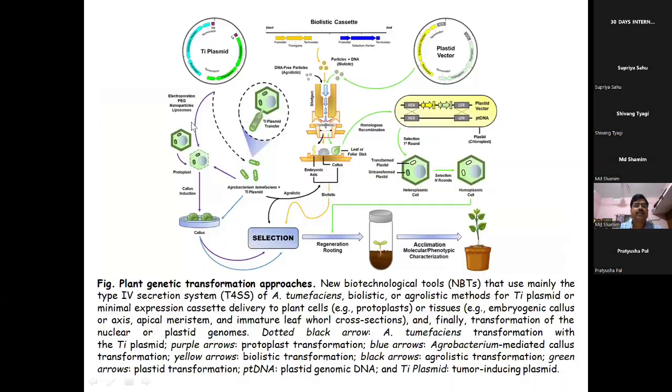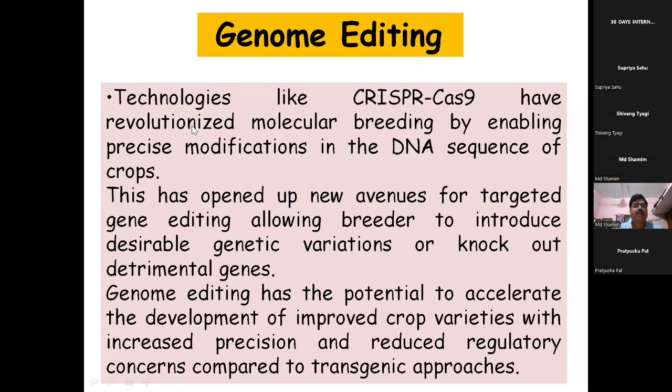And the recent technique is the CRISPR-Cas technique, by which we can edit a specific trait in a plant. This has opened up a new avenue for targeted gene editing, allowing breeders to introduce desirable genetic variations or knock out detrimental genes in plants as well as in humans.